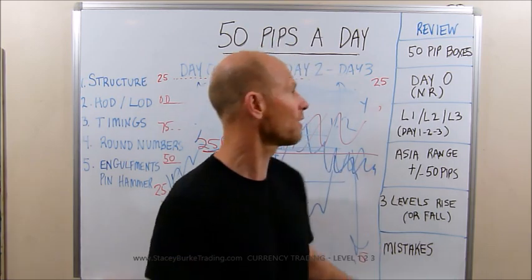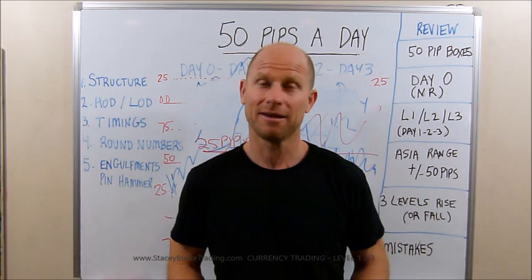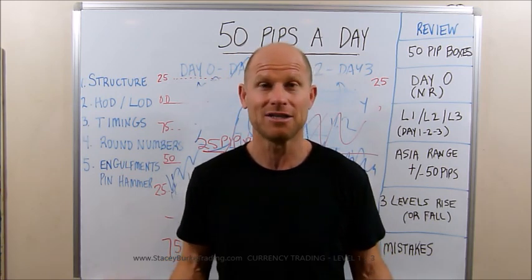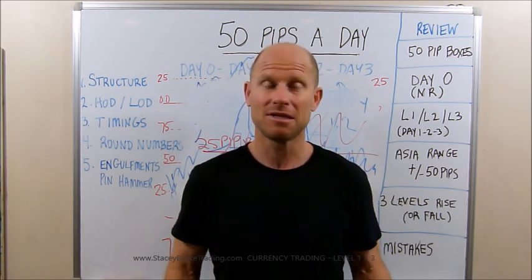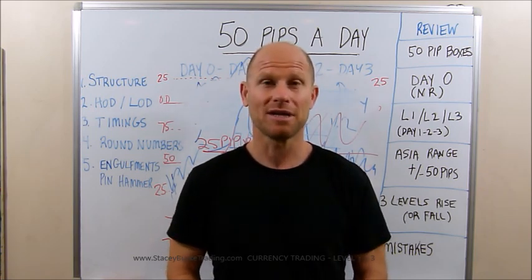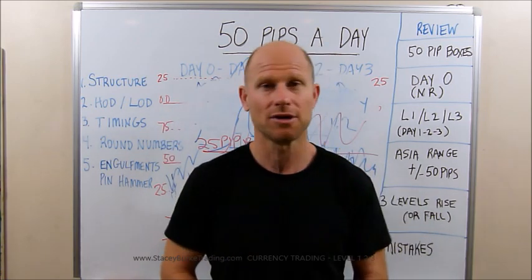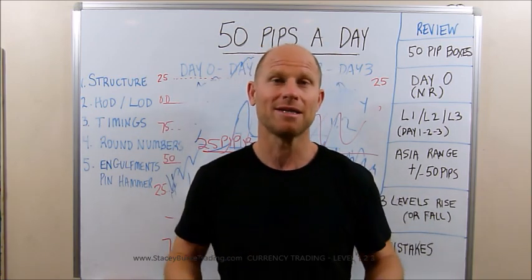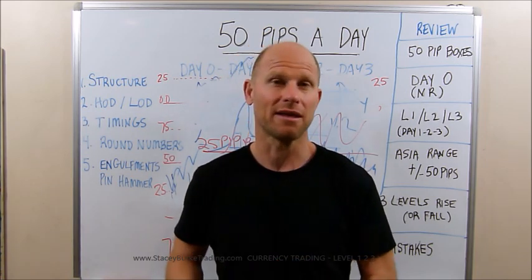One of the things that I really try to never do is be counter trending on a day zero, because those are straightaway potential days. So anytime you see big moves like that, and we're in round numbers and 50 pip boxes, I always try to stay with the underlying direction of the strength of that market.